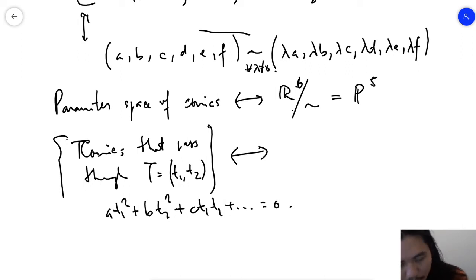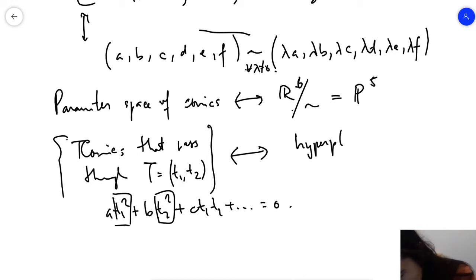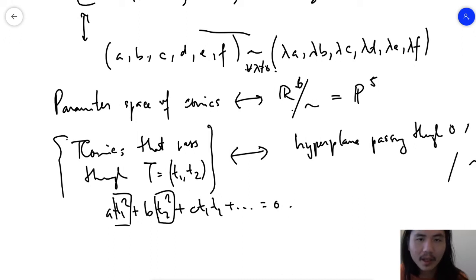But we can consider this as just a number, and now consider the A, B, C, D, E, and F as the parameters. If we do that, we can see that this equation actually determines a hyperplane passing through 0.